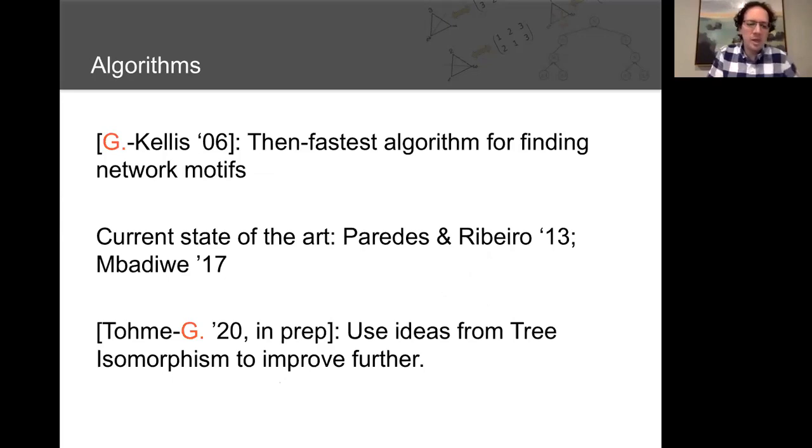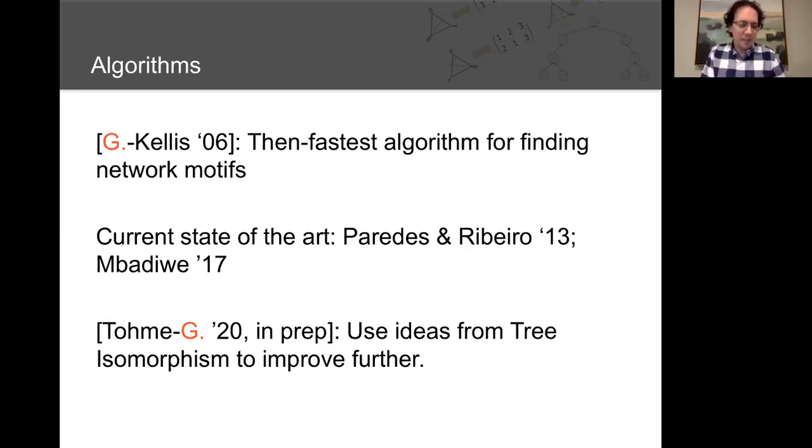So in 2006 with Manolis Kallis, we had what was at the time the fastest algorithm for finding network motifs. And even today, the state-of-the-art algorithms due to Paredes and Ribeiro and Badiwe built off of the fundamental insight in our 2006 paper, which was to leverage symmetry breaking.